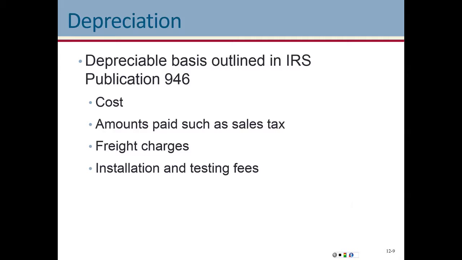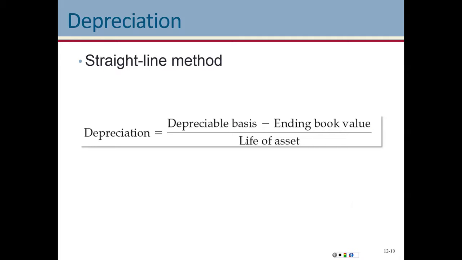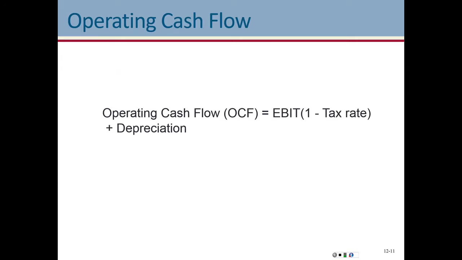So basically all of the expenses related to acquiring the new asset. This is the easiest method, straight line. So pretty much the basis, how much we are going to depreciate, minus the end book value, divided by the number of years. That's the simplest method for us to calculate depreciation.